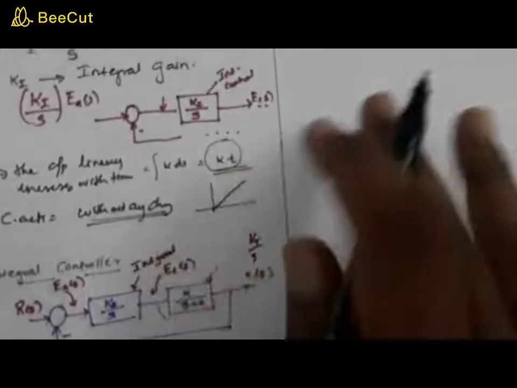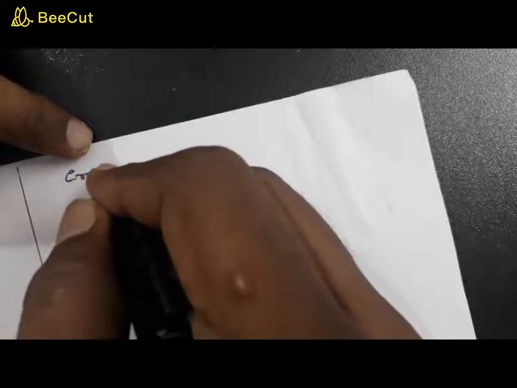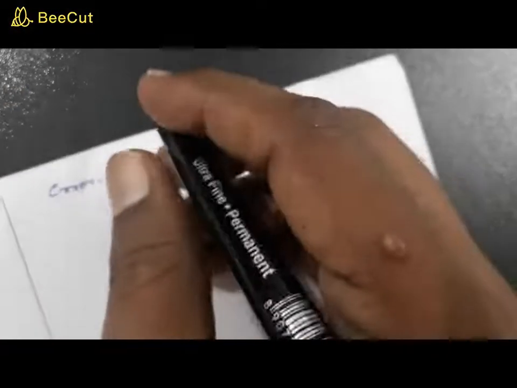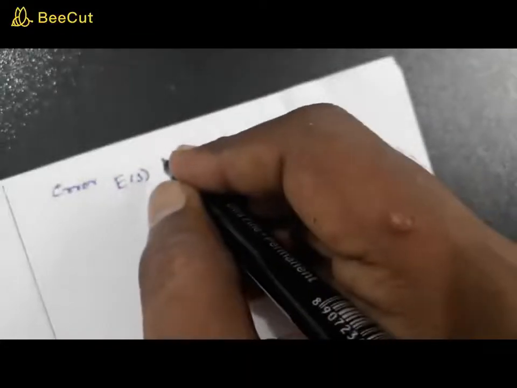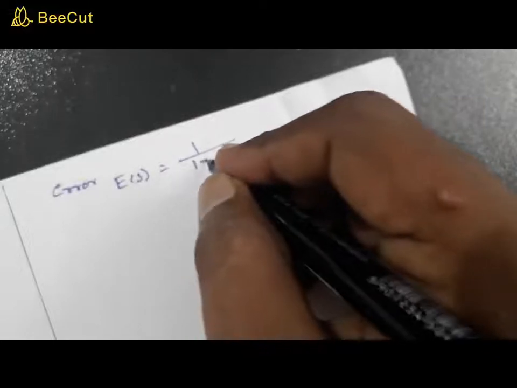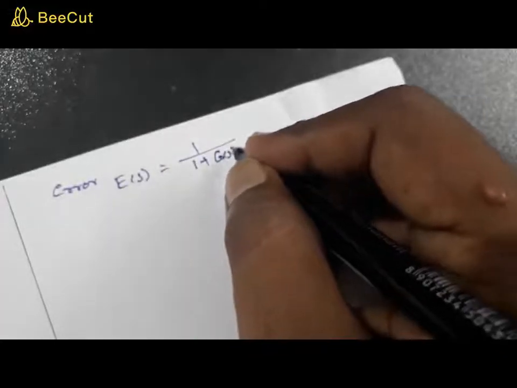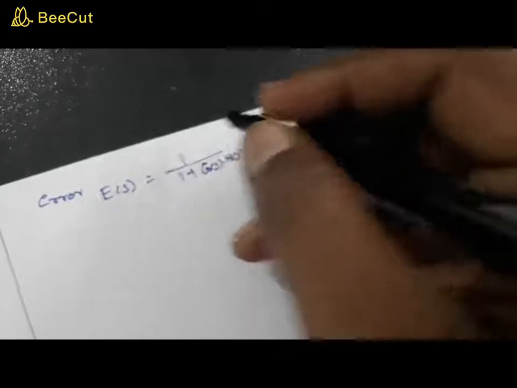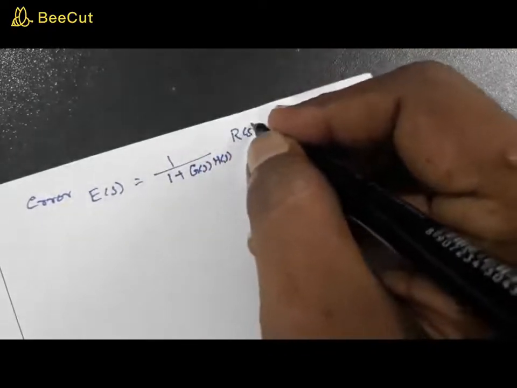In order to do that, first just imagine that you don't have a controller like this. What's going to be the error signal? The error E of s is given by 1 by (1 plus G(s)H(s)) into R of s.